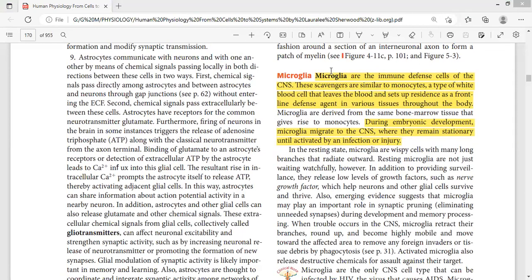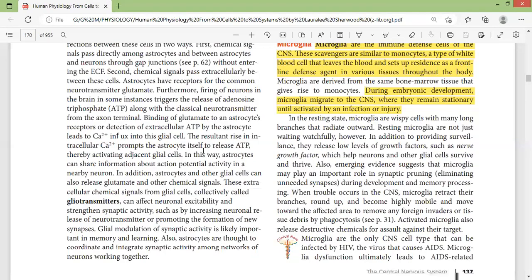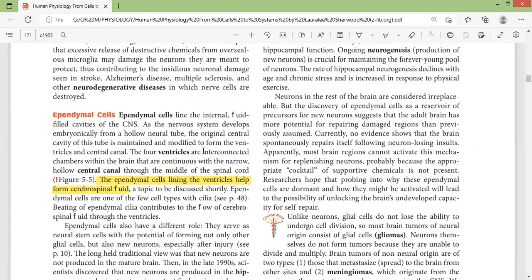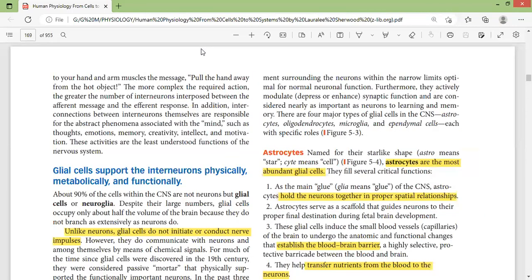I'm just hearing the sites. Microglial cells. Oh, yeah, microglial. Oh, sorry. Yeah.